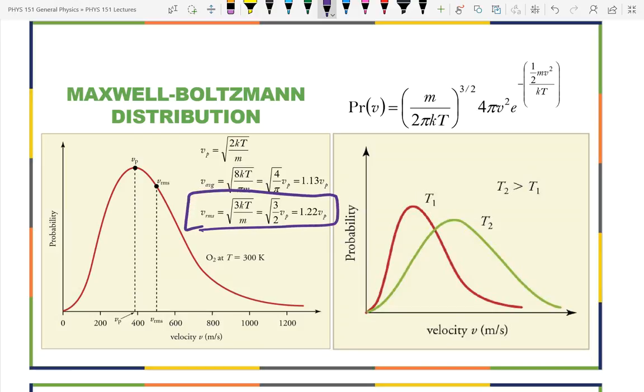Guess what we're going to do in class next Tuesday? We're going to take this equation, that's the calculus class, and we are going to work with it so we can find these different values. So the RMS speed turns out to be square root of 3/2 of the most probable speed. Most probable is if I take measurements, the most probable speed, the one that the most atoms will have.